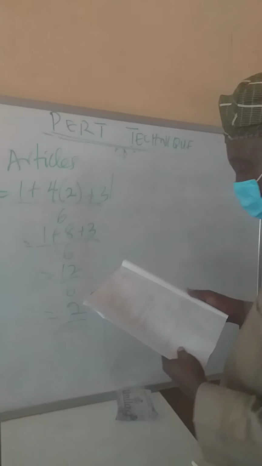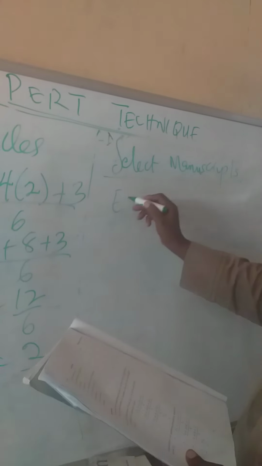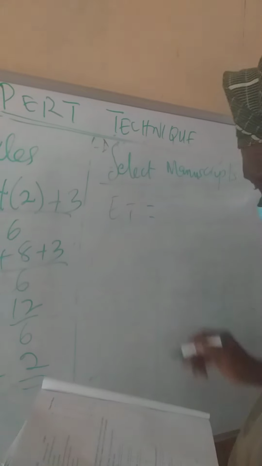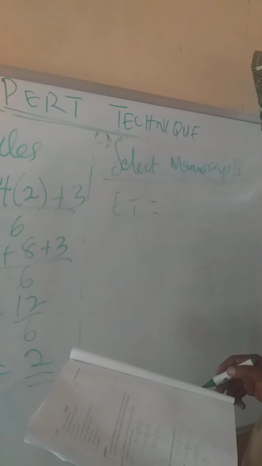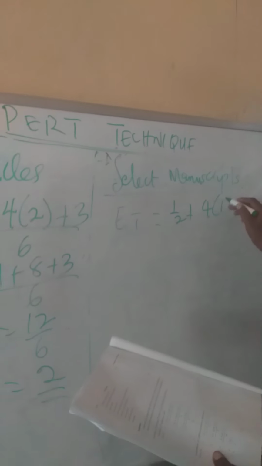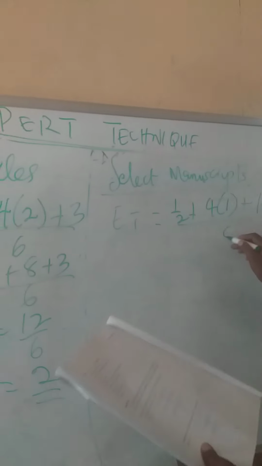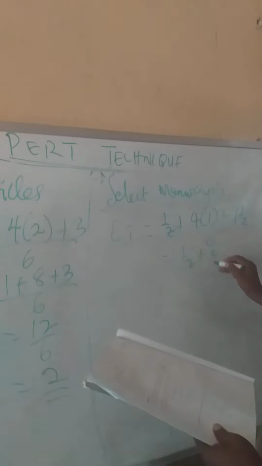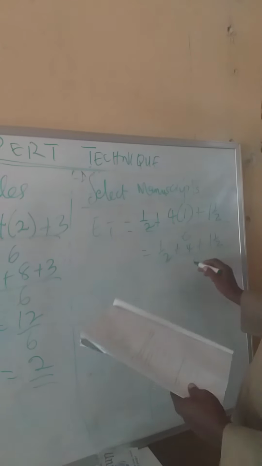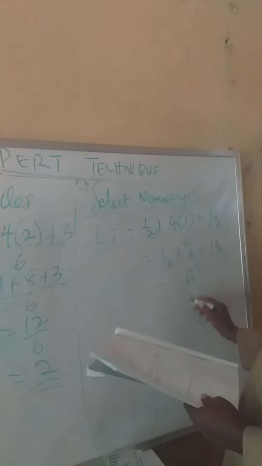So ET will now be equal to our OT is half, our LT is 1, and our PT is 1.5 all over 6. This one gives you half plus 4 plus 1.5 all over 6, and this one will give 6 all over 6, which is equal to 1.